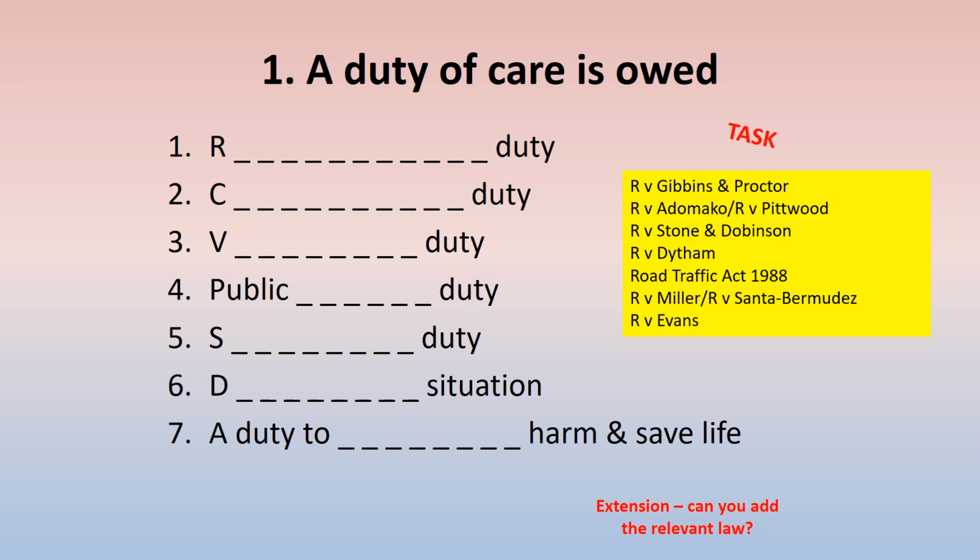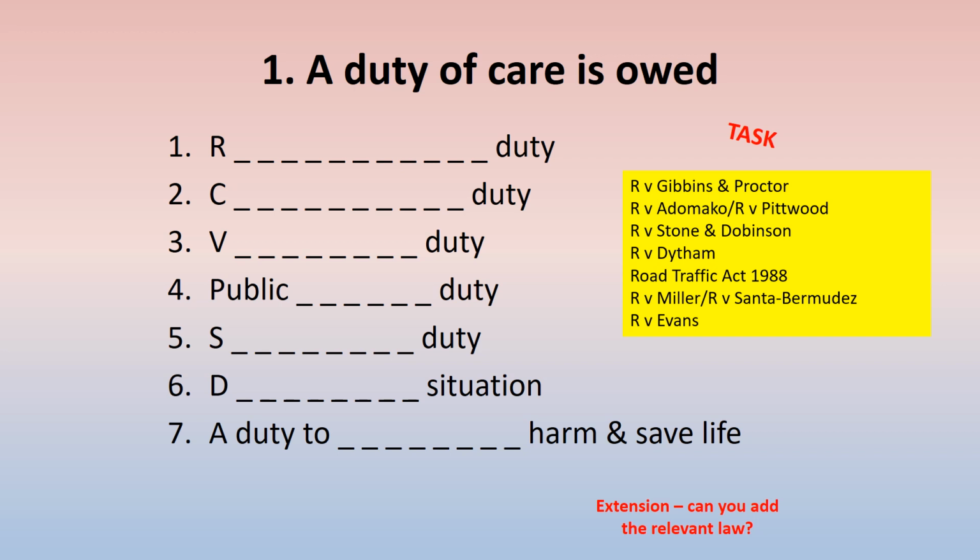So you have the relationship duty, so making out a specific relationship, and that tends to be a familial relationship, so mother or father and child, siblings, and that comes from Gibbons and Proctor. Contractual duty, so through a contract of employment we can make out a duty.